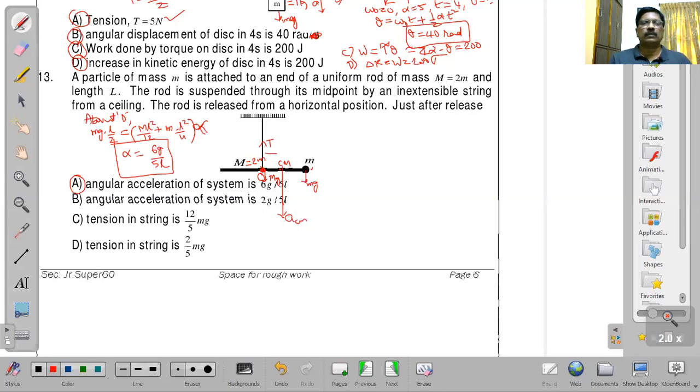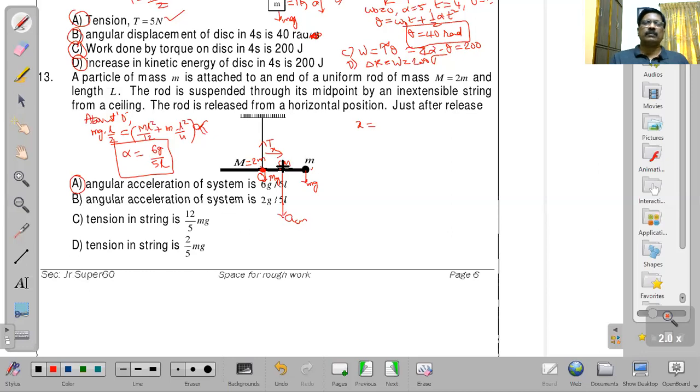At what distance does the center of mass lie from the point O? That is, say, x. In the case of the rod, the total mass can be imagined at the midpoint, that is capital M. Here small m is there, and both are separated by a distance L by 2.